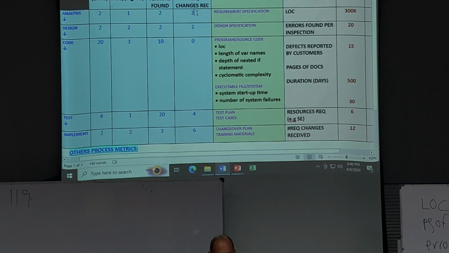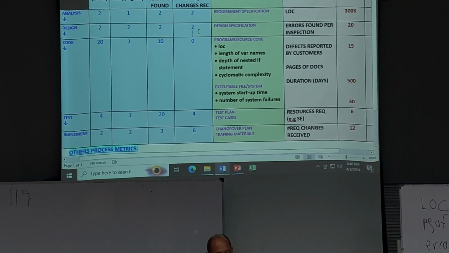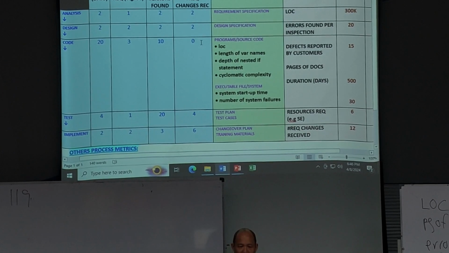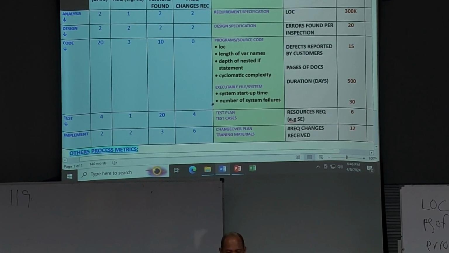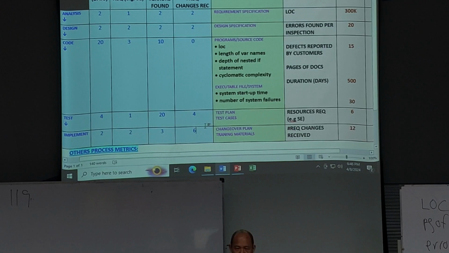2 requirement changes received during the analysis phase. Also 2 requirement changes received during the design phase. No requirement changes received during coding. But during testing, 4 requests for changes received. And after implementation, 6 requests for changes received.